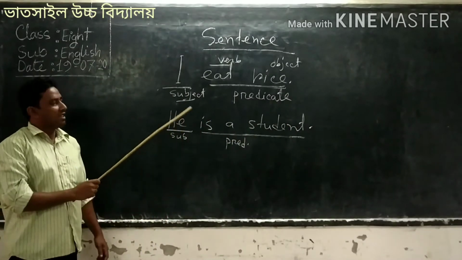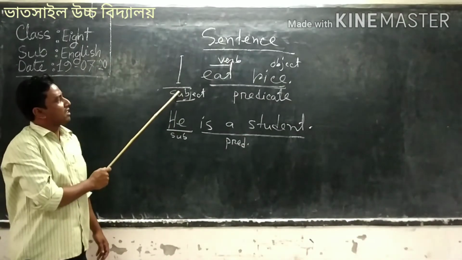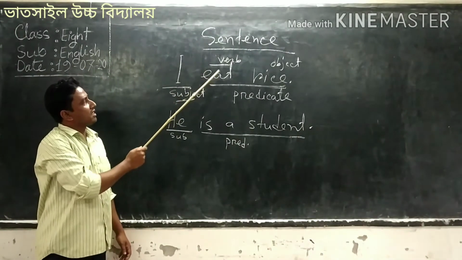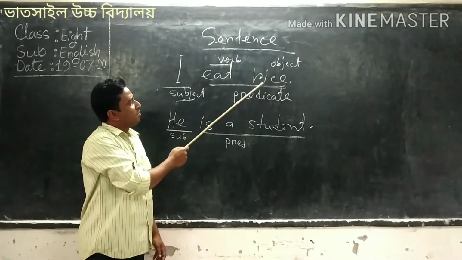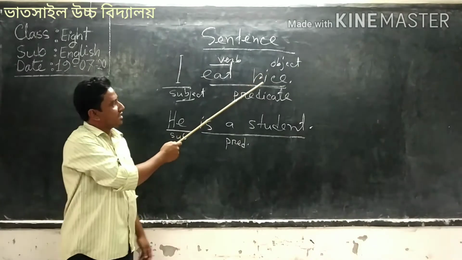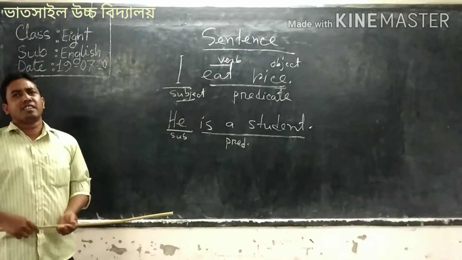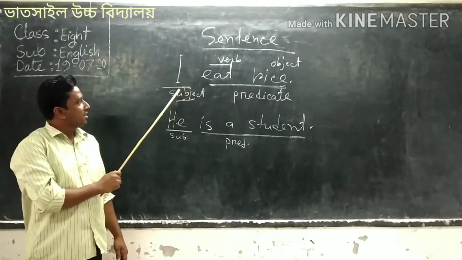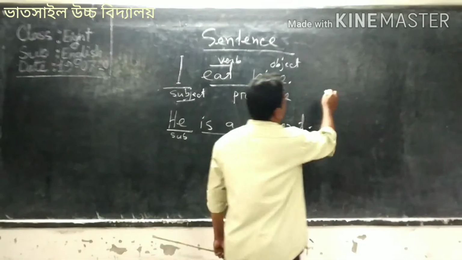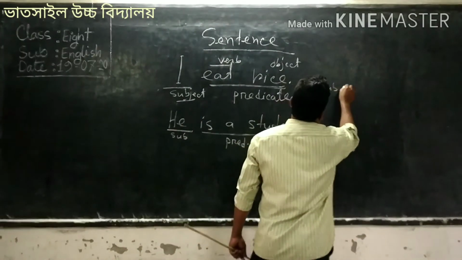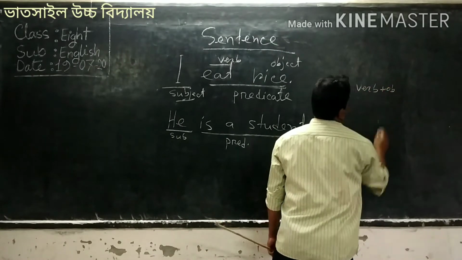So, at first the part is subject, the next second part is verb, and after the verb the object must be set up. In this way, we can make an English sentence: subject plus verb plus object. Subject plus verb plus object.